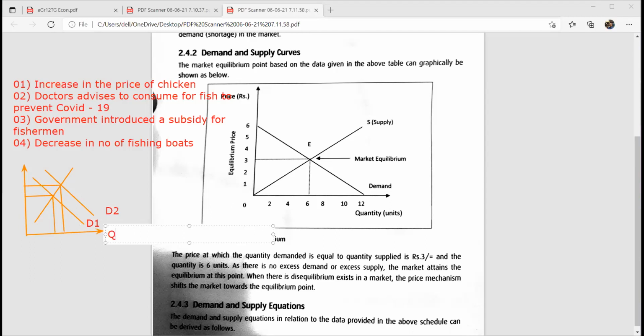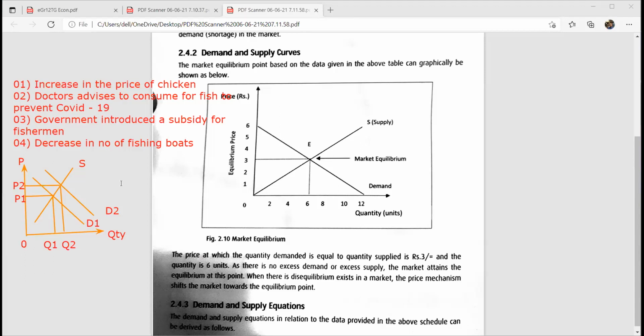Meanwhile, the equilibrium price will rise from P1 to P2, then the quantity increases from Q1 to Q2. This is the first diagram and the explanation like that.